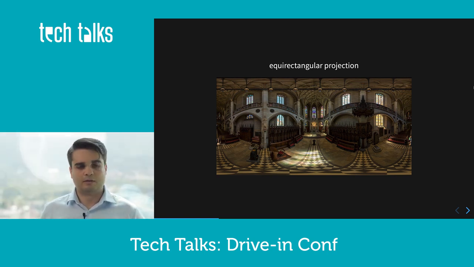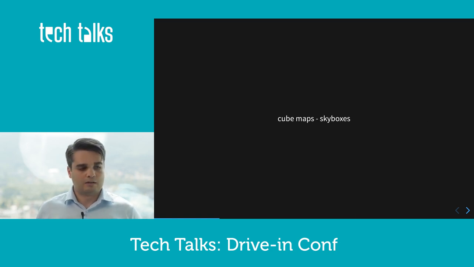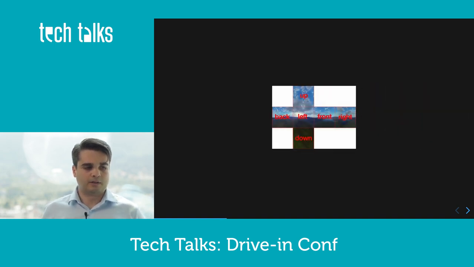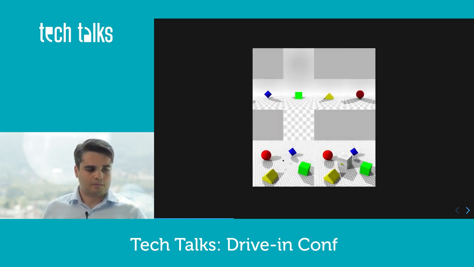There are other ways to achieve the same effect, and instead of a sphere, we can use a cube map, or what is called a skybox in the gaming industry, for example. And it's really just the same idea. Instead of having a sphere, you produce images of the different sides of a cube, and the only difference is the change in shape of where you're mapping.